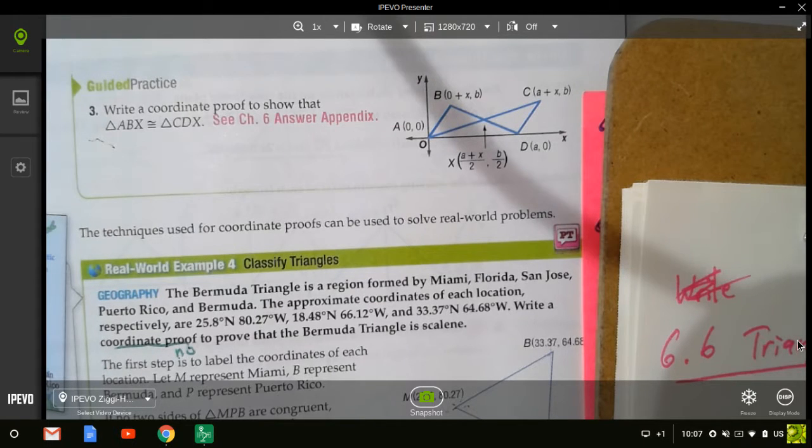Yeah, what do you see, Yusuf? Vertical angles. What vertical angles are you looking at? DXA and CXB. You didn't have to do any math. You already got that two angles are congruent to each other just because they're vertical. Can we use any theorems to prove that these two triangles are congruent to each other? Anything with angles?